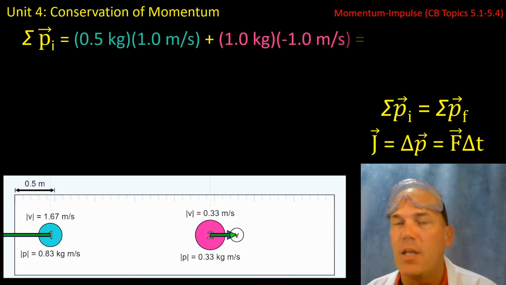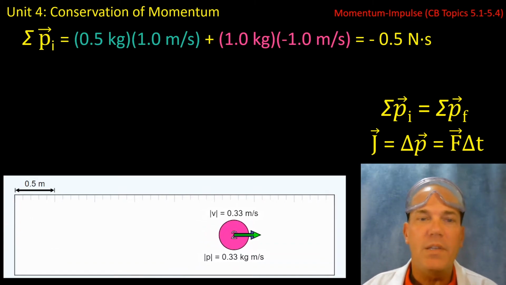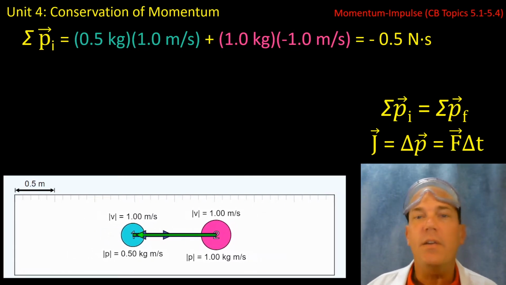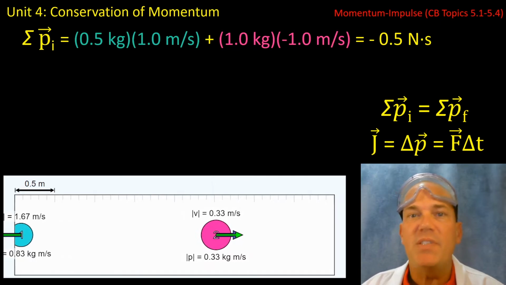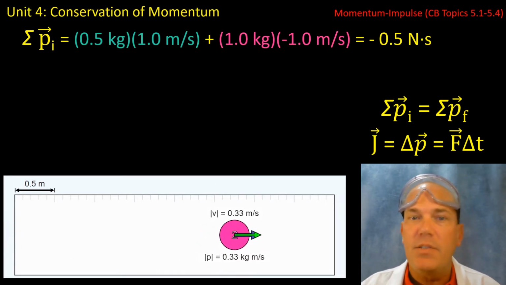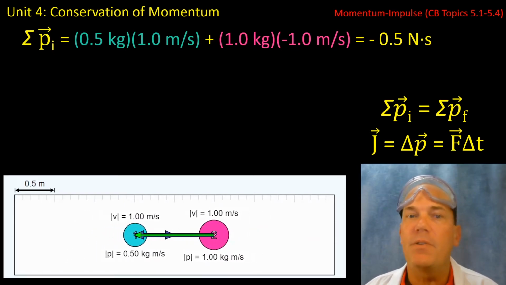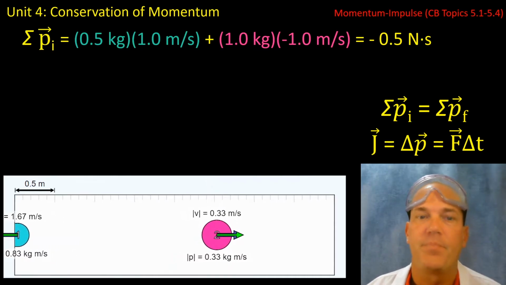our system. Let's sum our initial momenta for this two-object system. Notice in this case here that the magenta ball is 2 times the mass of the light blue ball. In other words, it is 1 kilogram compared to the light blue ball, which is half a kilogram.